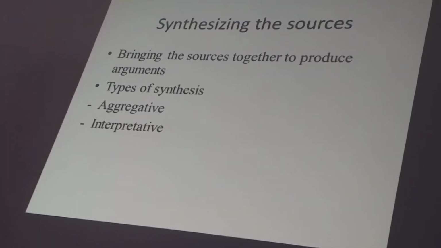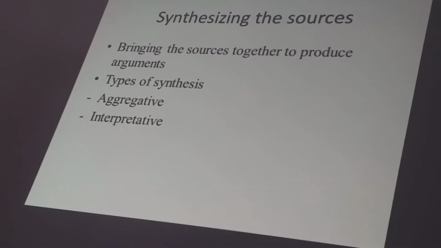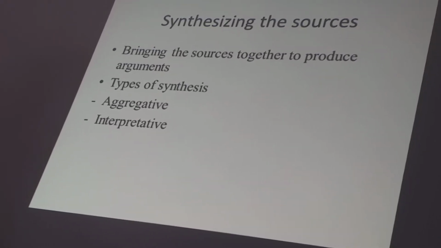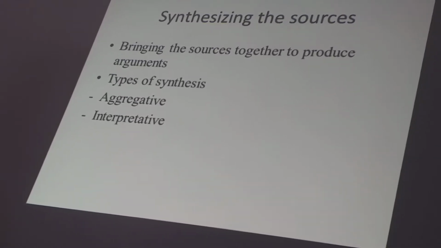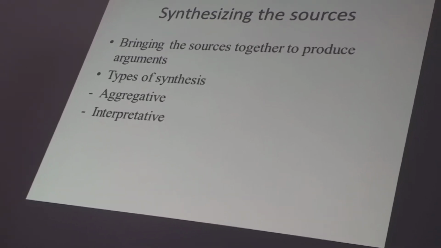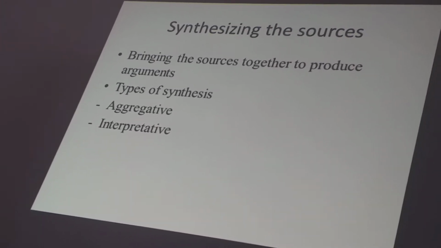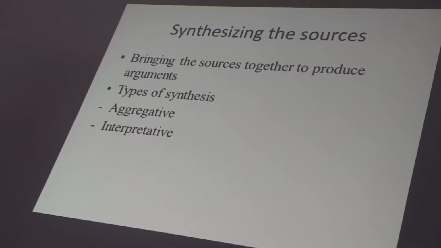Now we move on to talk about what is called synthesis, or synthesizing sources, and its place in writing the literature review. So in writing the literature review, we what? Evaluate, we summarize through taking notes, and by the end we synthesize and integrate what we have synthesized in our own style of writing.